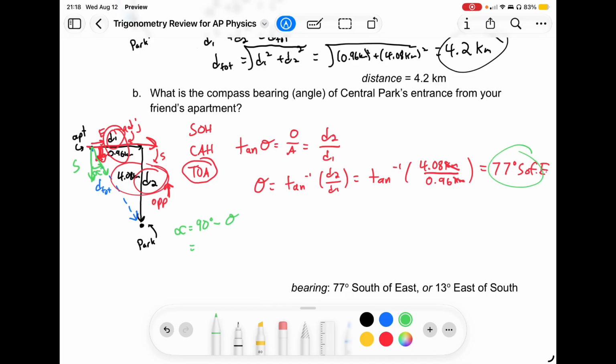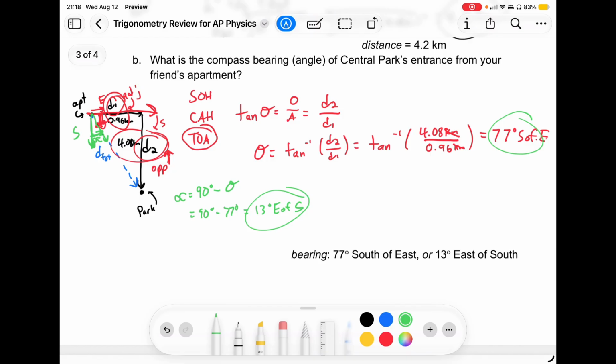So 90 degrees minus 77 degrees should equal 13 degrees. And that would be, again, if we start from south and then we go east of that. So this is 13 degrees east of south. So both of those are the correct answer, just from one perspective or another.